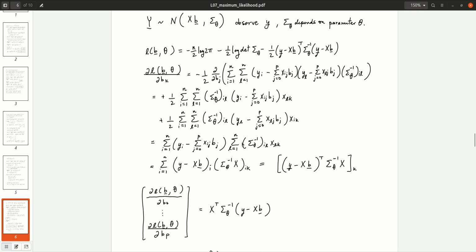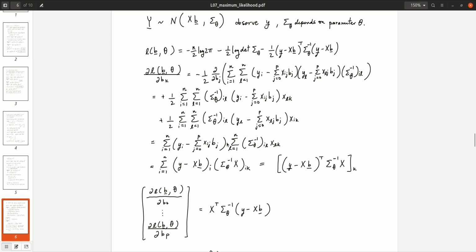So this is matrix multiplication, sigma theta inverse times x, because we're summing over the columns here and the rows here. And then we're pulling out, this is going to be an n by p plus 1 matrix. We're pulling out the ik entry of that matrix multiplication.